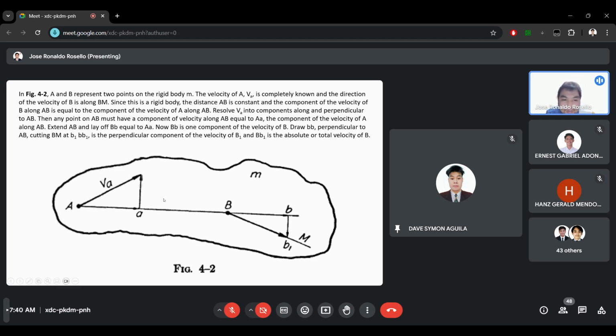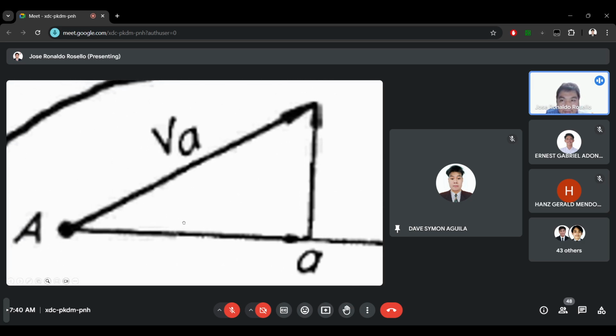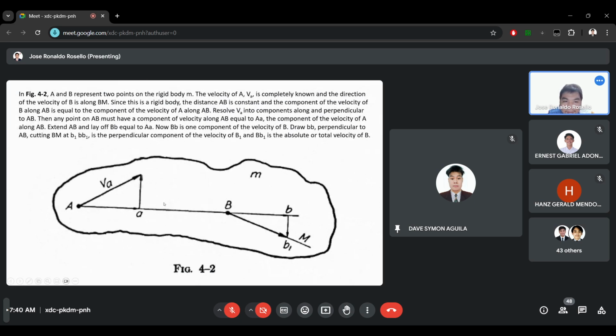By observation, we can see that vector A here has components. You can see on this blurred picture that we have this vector VA, then another vector here and another vector here. Using these vectors, we can determine the vector at point B. I will show you later how this was performed.